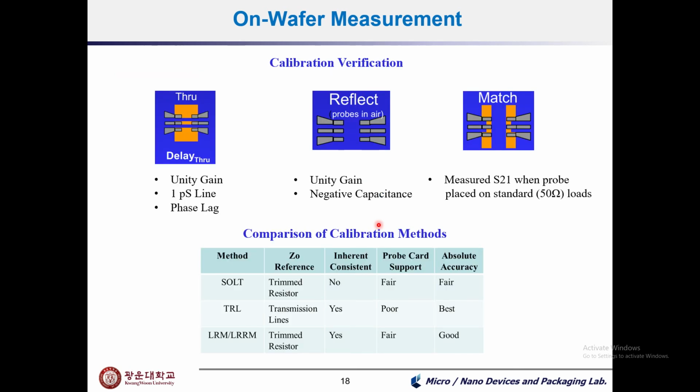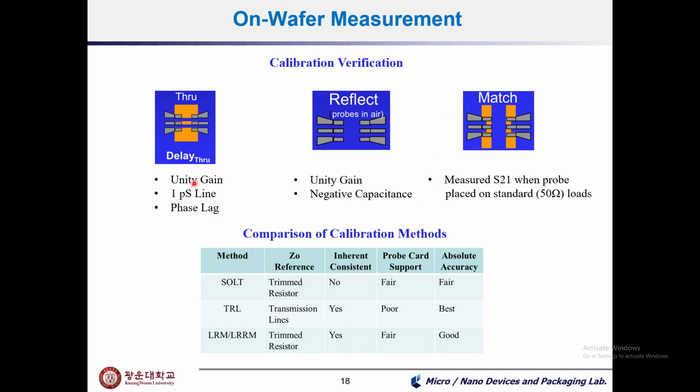So once we understand the measurement setup, its devices, key components, and the calibration methods, we also need to verify the calibrated data or calibrated signal from the device under test for verification purposes.